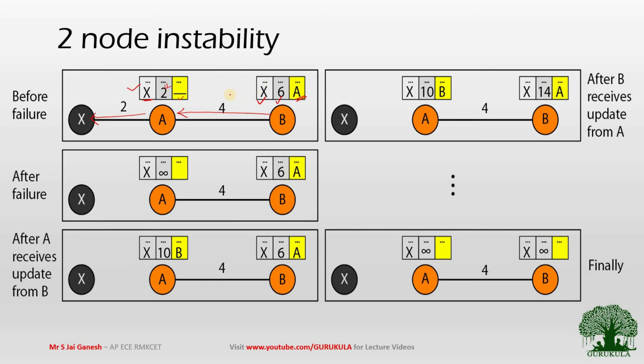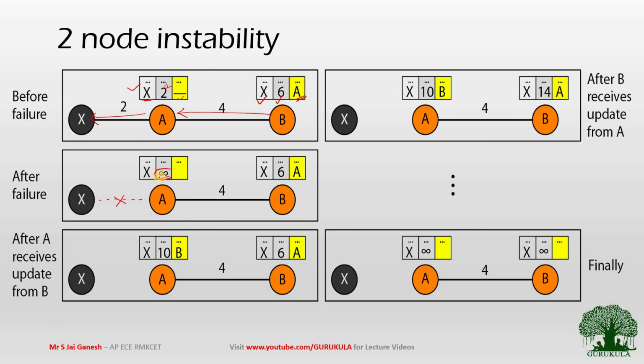With this information, let us see what happens if the link to X fails. As you can observe here, the link got detached, and there is some problem in the link that connects A and X. Which means A cannot reach X. Knowing that, A will update its routing table immediately: X cannot be reached.